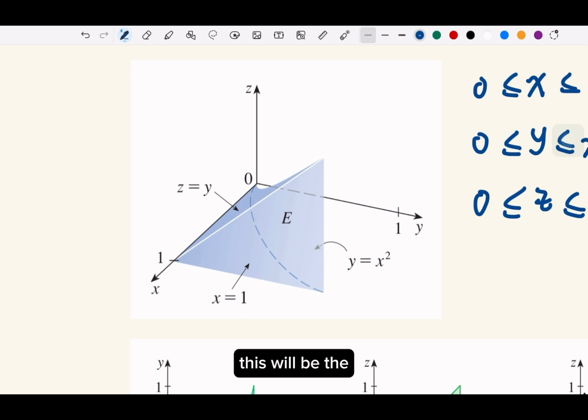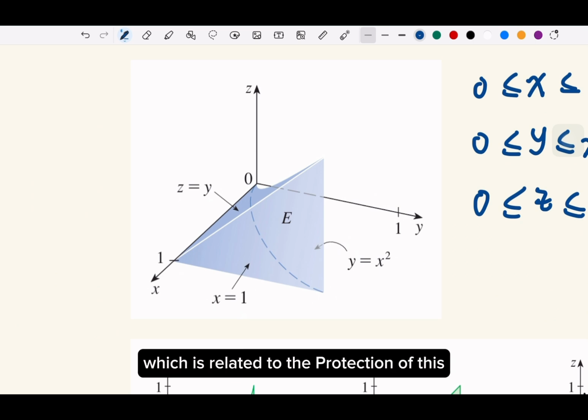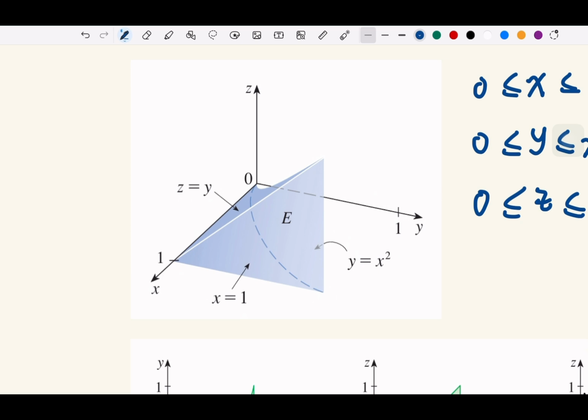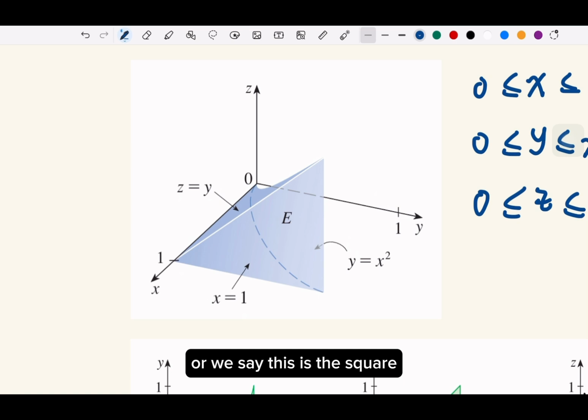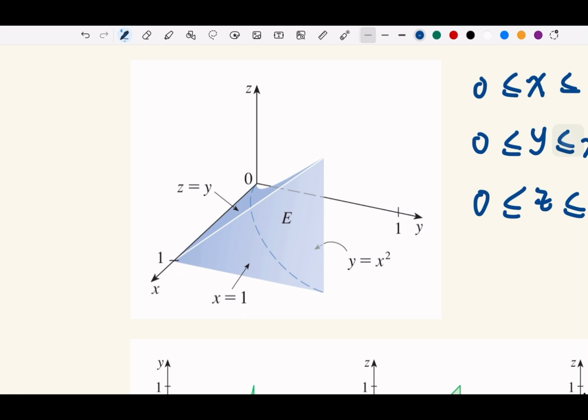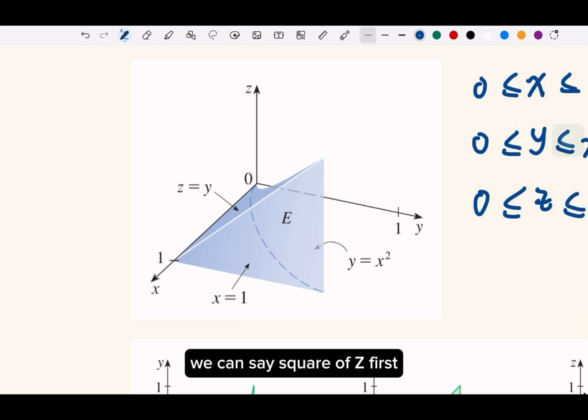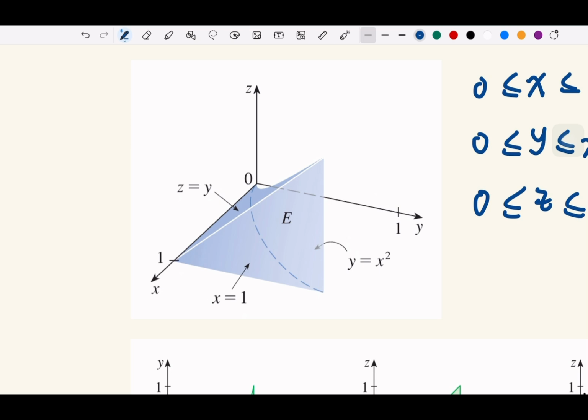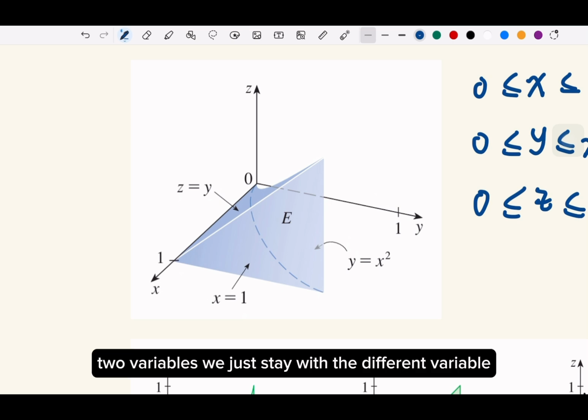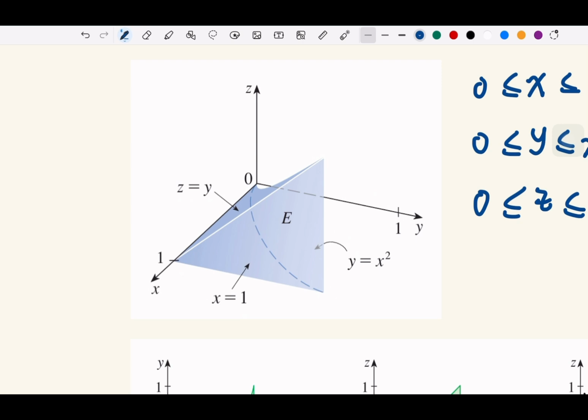This will be this curve here, which is related to the projection of this. Or we say this is the square root of y or square root of z. We can say square root of z first, but since this is related to two variables, we need to state it with the different variables. So this will be square root of y, and then this will be 1.